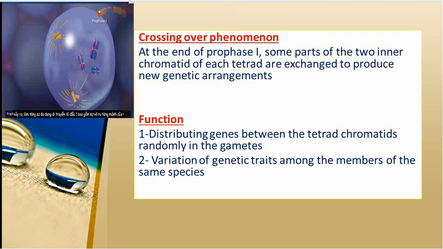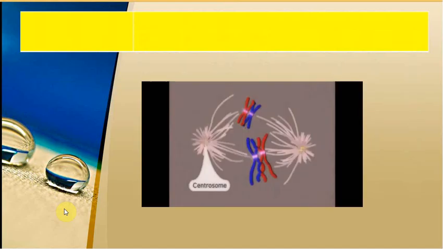After that, we have another difference in metaphase 1. In metaphase 1, chromosome pairs, not single chromosomes, are arranged at the cell equator.